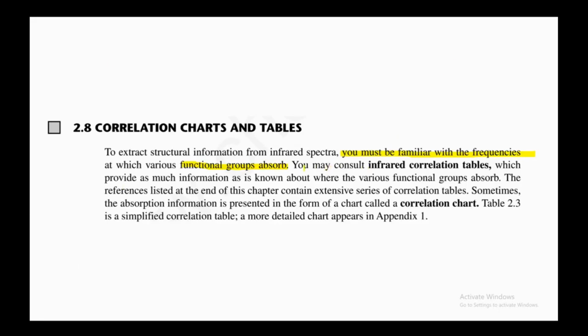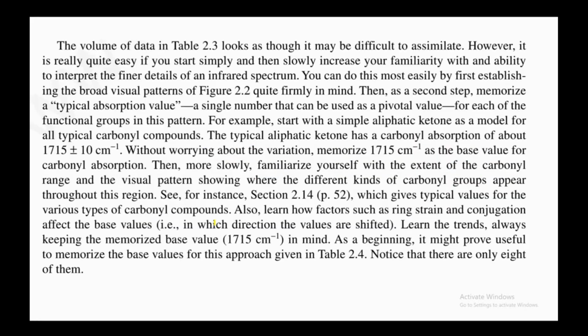Or, you may consult infrared correlation tables, which provide as much information as is known about where the various functional groups absorb. The references listed at the end of this chapter contain extensive series of correlation tables. Sometimes the absorption information is presented in the form of a chart called a correlation chart. Table 2.3 is a simplified correlation table. A more detailed chart appears in Appendix 1.